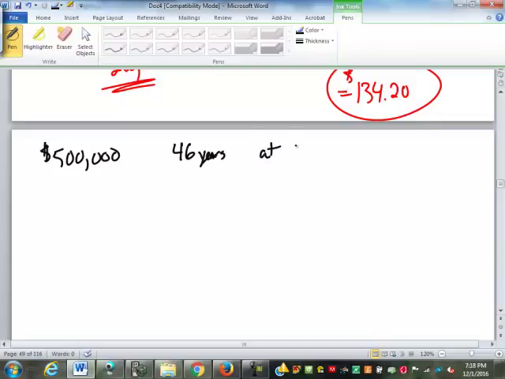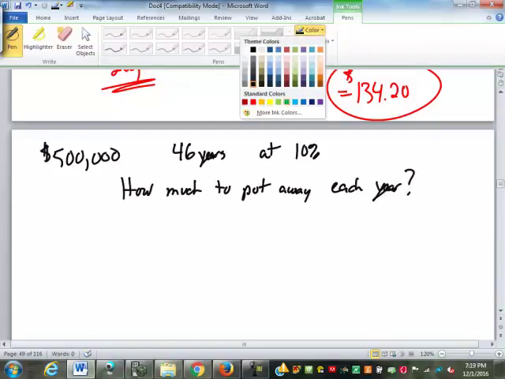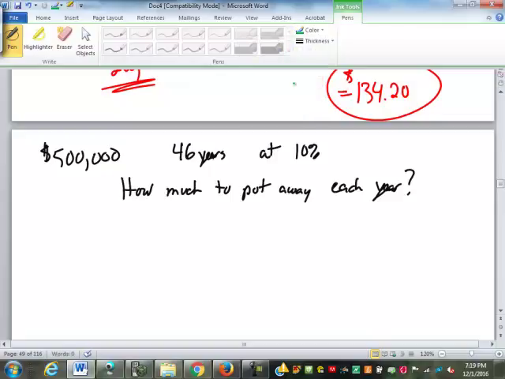Let's say you can earn 10%. We want to know how much to put away each year. So what we're going to do is at the end of each year, you're going to put into like an IRA rather than into like a TSA or whatever.